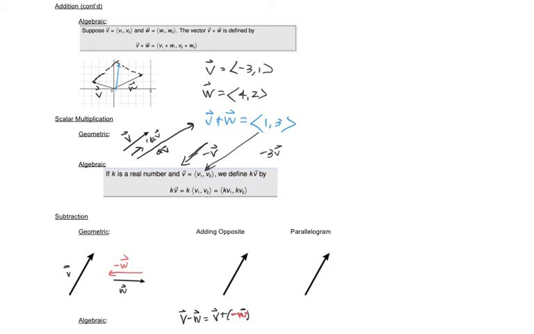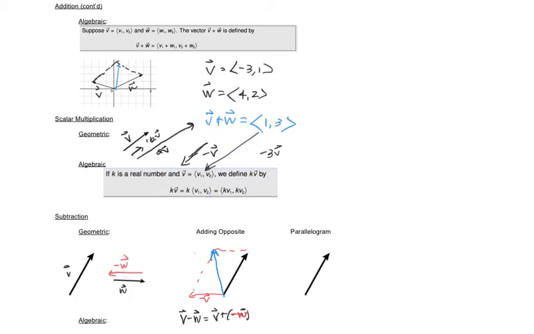So if I wanted to add v plus a minus w, I'll draw the minus w either tip to tail or parallelogram. I'm going to go parallelogram. We draw in the parallelogram. This is minus w. And then for addition, we draw the diagonal there.